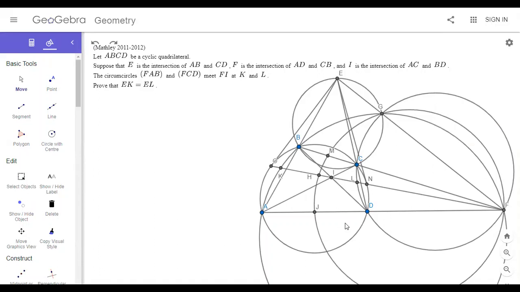All right, so we want to show EK is equal to EL. We know EO is equal to EN.